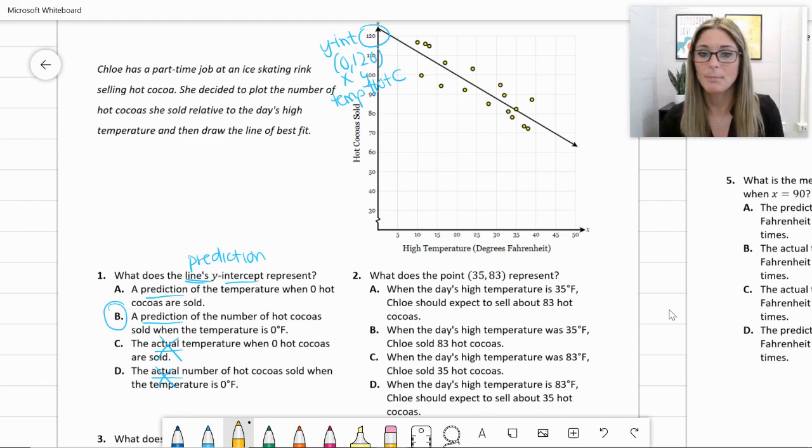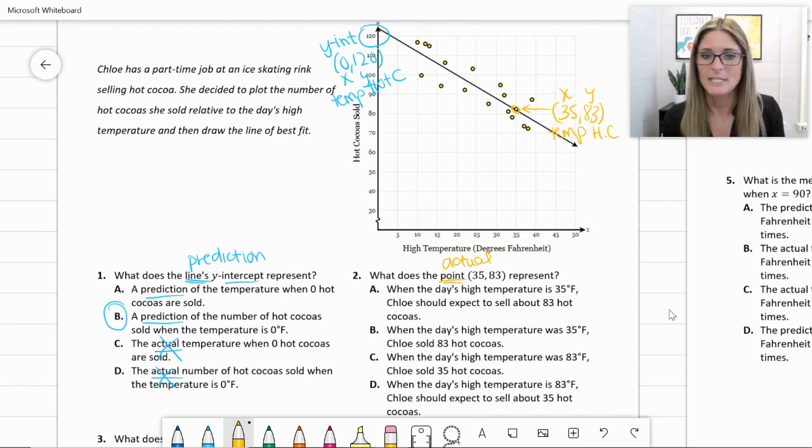Number two, what does the point (35, 83) represent? This is an actual point, actual data that had occurred. Let's go to our graph, and I see right here is that point (35, 83). I'm just going to label here x, y. Our x is our temperature. 83 would be the hot cocoas.